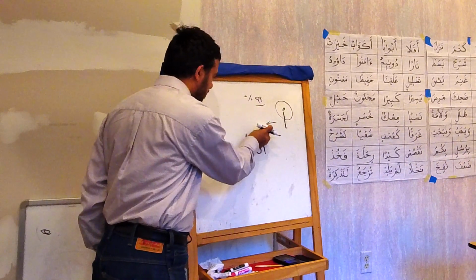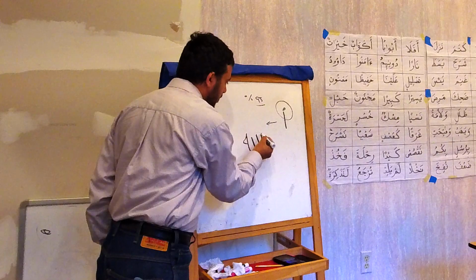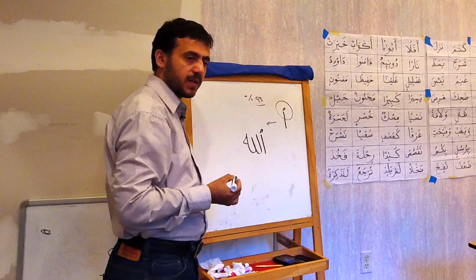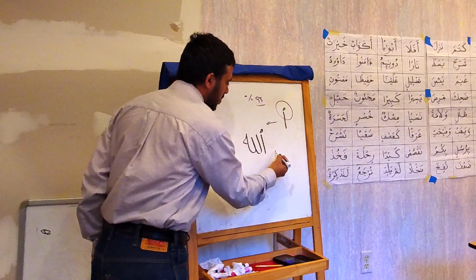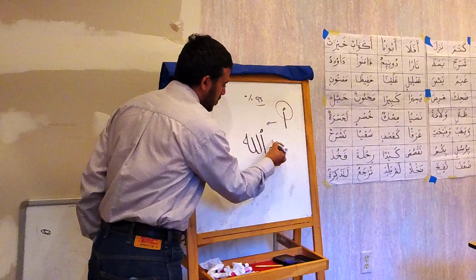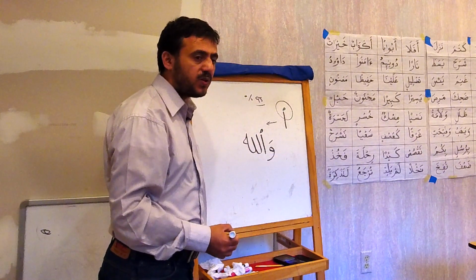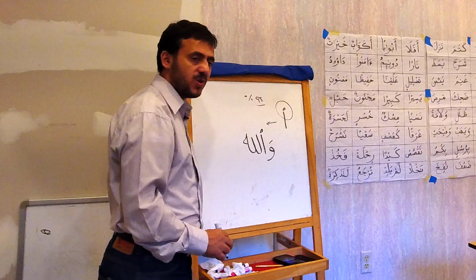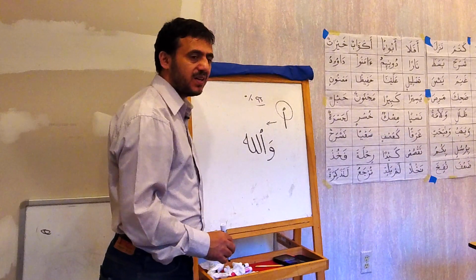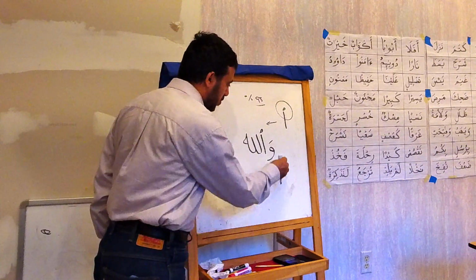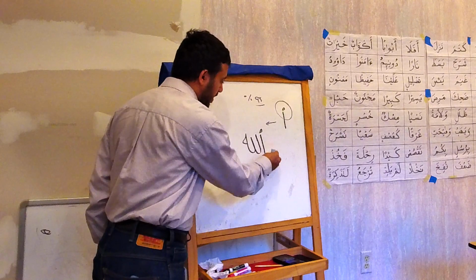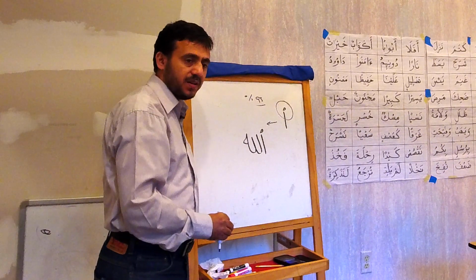So, this is the Alif Wasl. If you notice, we say Wallah, right? We say Wallah. Why do we say Wallah? What is the Alif now? Why don't we say Wa Allah? But when we do not have this wow, what do we say? Allah, right?